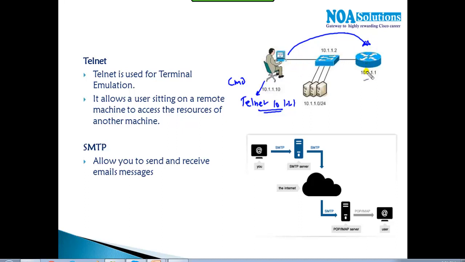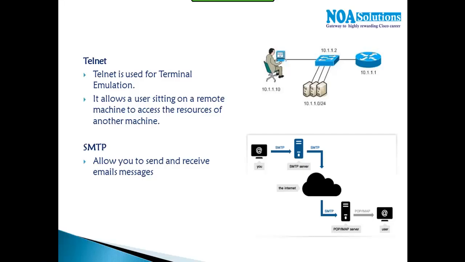Maybe that is in my LAN, or it can be in a different location as well. So Telnet is an inbuilt protocol inside your TCP/IP which will allow you to access a remote machine by sitting on my local machine. It works on port number 23, and it's a default application inside your TCP/IP.